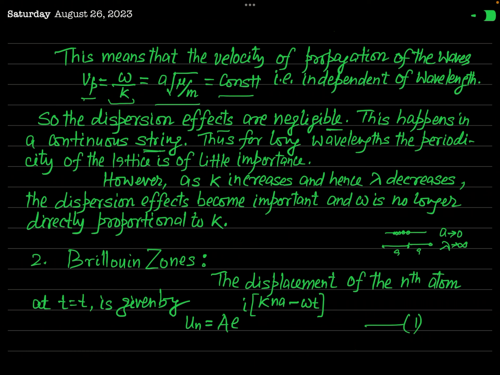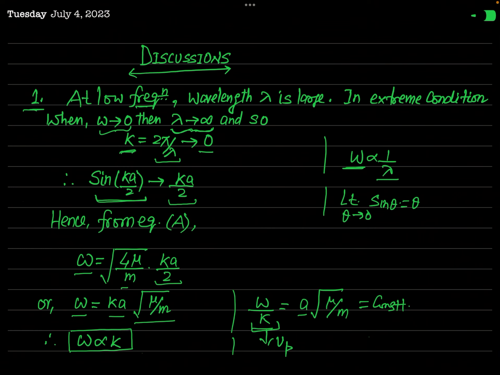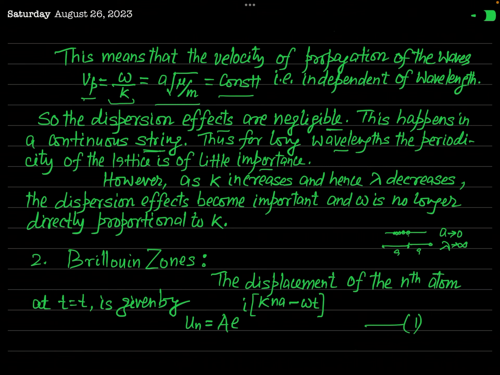Okay. And so you can say that for long wavelengths, the periodicity of the lattice is of little importance, because in this case there is no periodicity of the lattice, and so it does not matter. But if you consider that k, not lambda, starts increasing, then lambda will start decreasing.